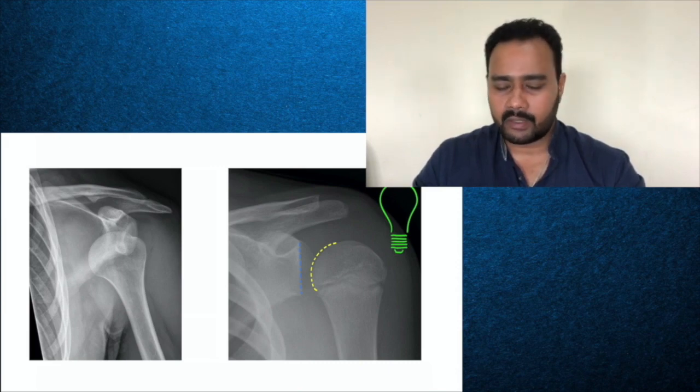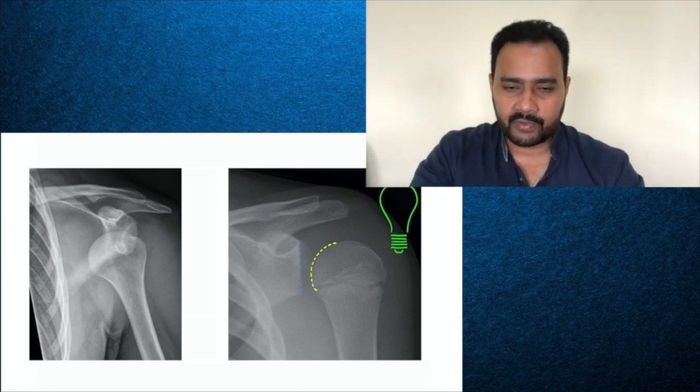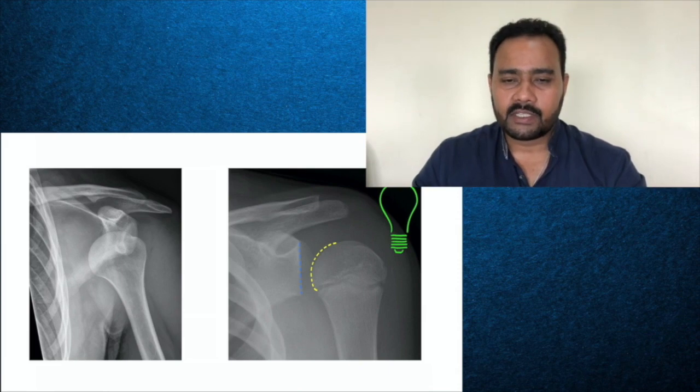Usually, you do not get the head below the coracoid process in a normal position, but whenever you get an anterior shoulder dislocation, it will come just below the coracoid process. That is what we call the subcoracoid position. So, whenever you see an X-ray, how do you tell it is an anterior shoulder dislocation? You have to say the head of the humerus is in the subcoracoid position.